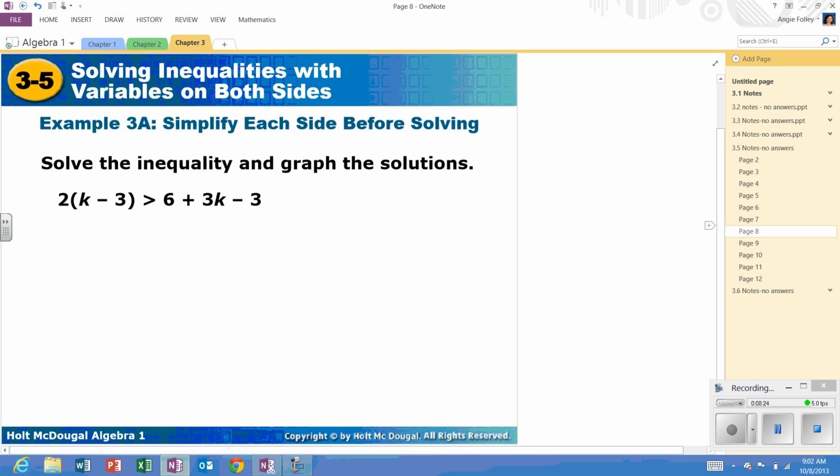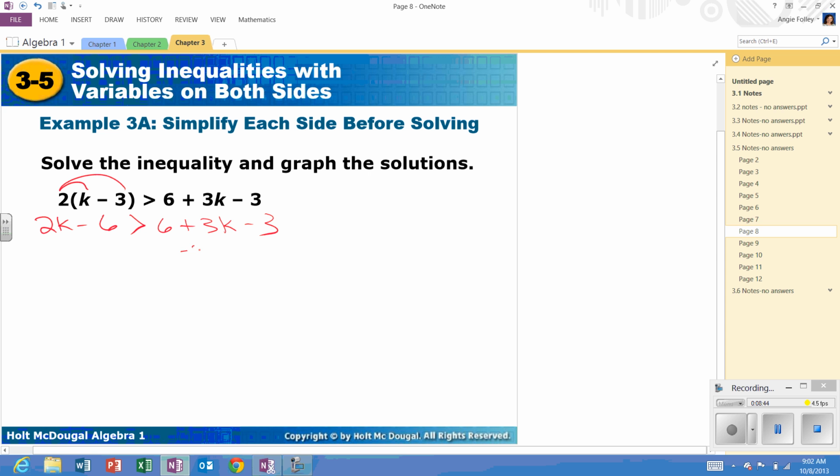Okay, so here we go. Before I can start moving things, I've got variables on both sides. I need to first distribute this 2. So 2k minus 6 is greater than 6 plus 3k minus 3. Now, I'm going to get all my k's on the left side, okay?